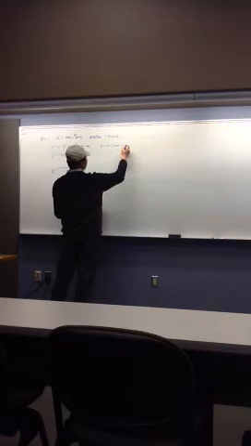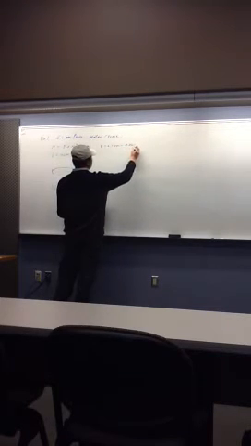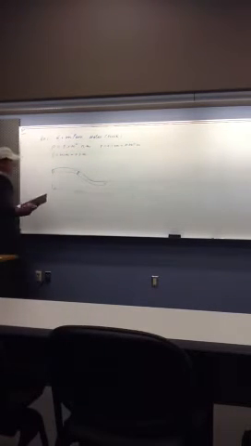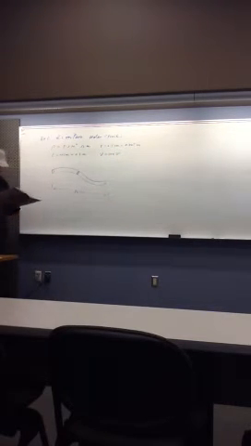You have to change it back to meters, 0.025 meters. And the total voltage, V, is given as 100 volts. Anything else? No, that's all. You have 4 given numbers.